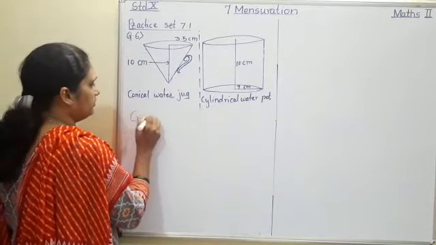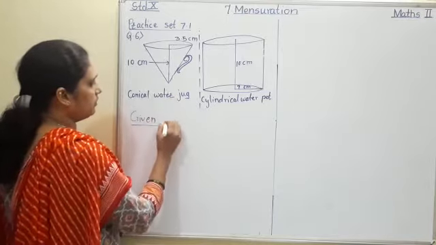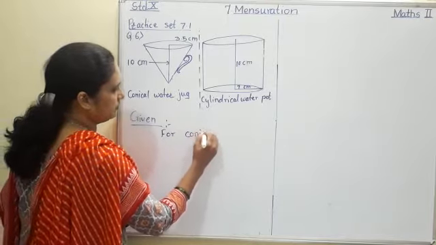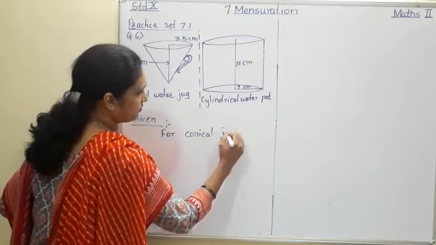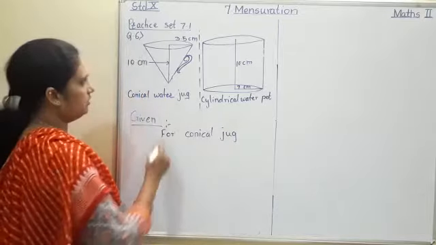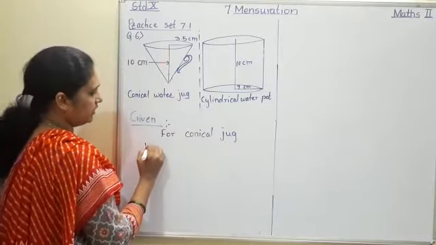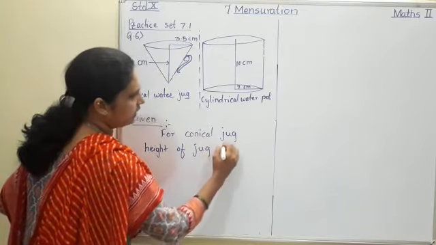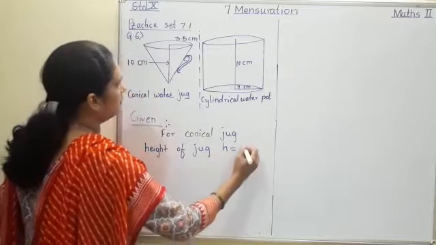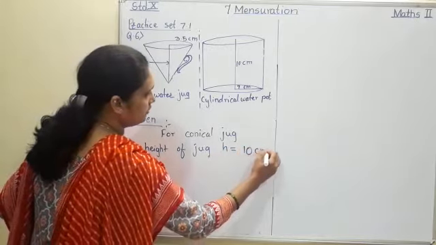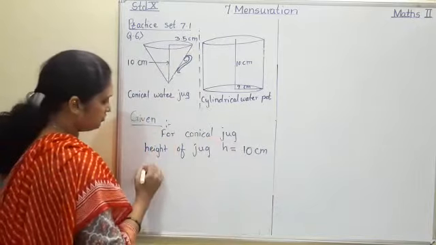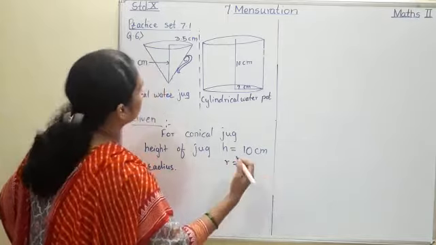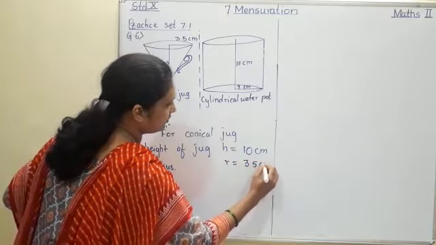Given, for the conical jug, the height is given, so I'll consider h is equal to 10 centimeter, and the radius, small r, is equal to 3.5 centimeter.